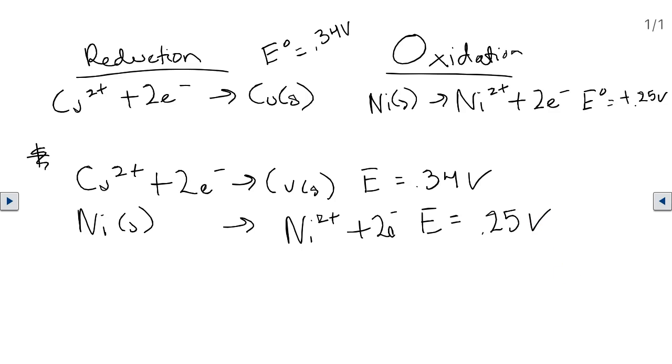And now the standard electrical cell potential is going to be 0.59.